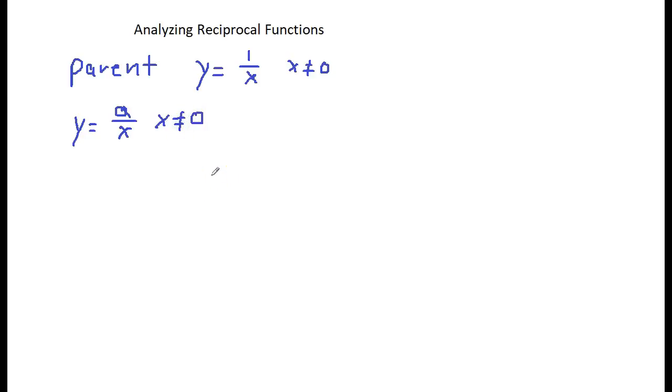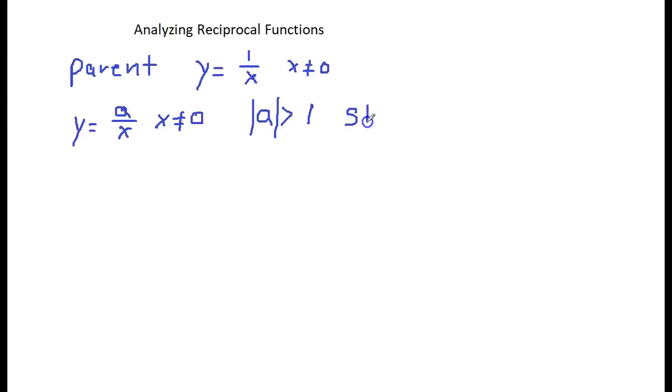Because if x equaled 0, it would be undefined. Now, here's where the value for a will come into play. If the absolute value of a is greater than 1, so even if it were a negative number, if its absolute value is larger than 1, what we're going to have is a stretch.